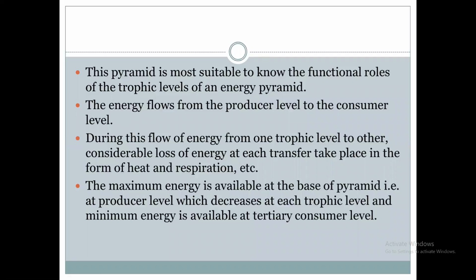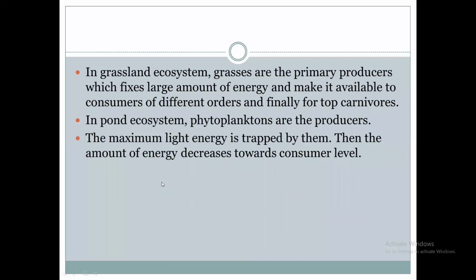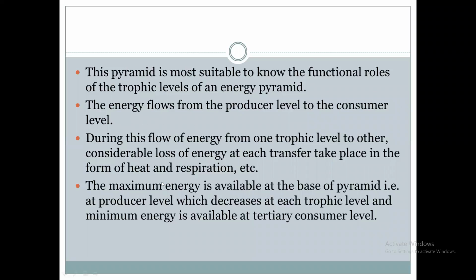This pyramid shows the functional role of every trophic level in the energy flow in ecosystem. The energy flows from producer level to primary consumer, secondary consumer, and tertiary consumer. In this way, the energy is transferred.